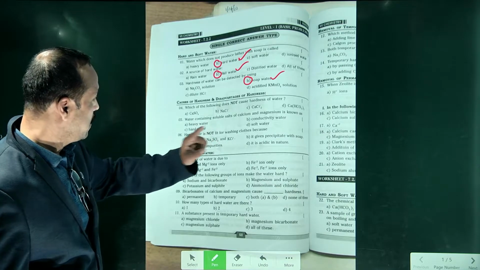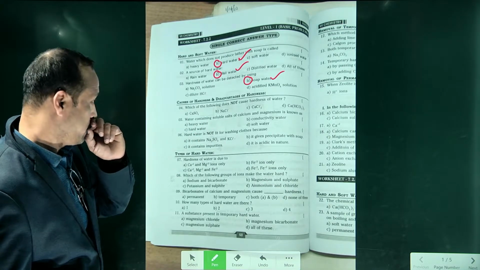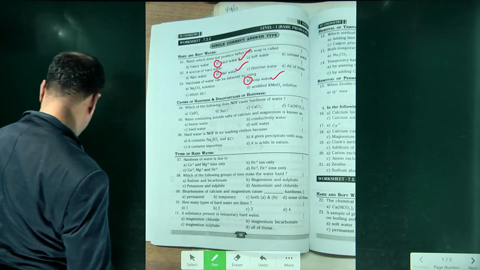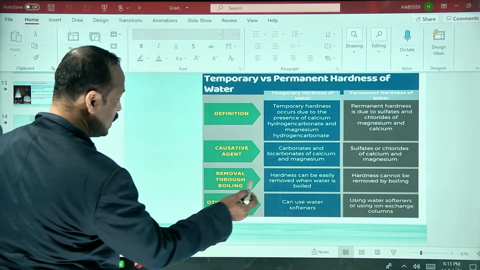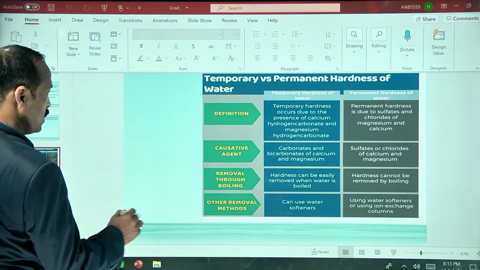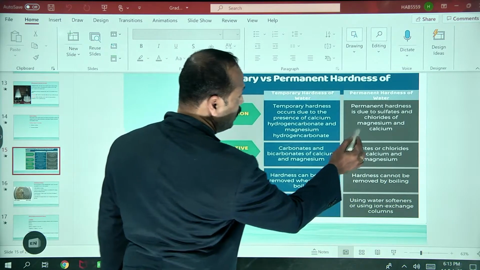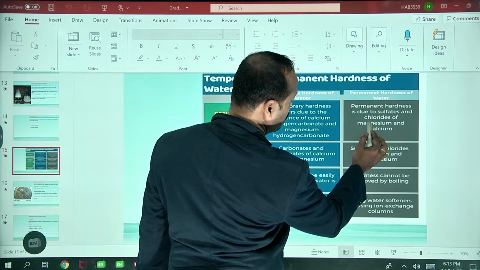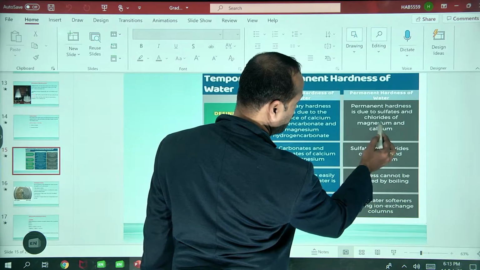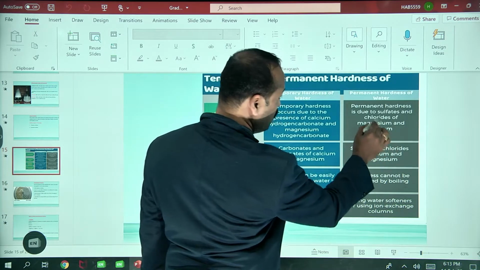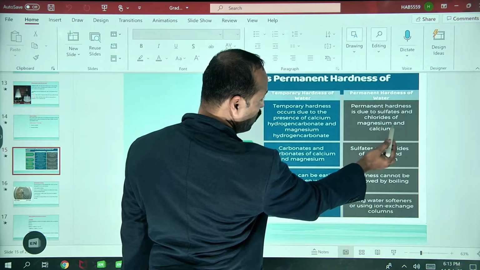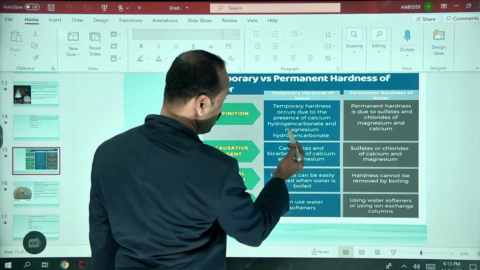Sir, option C, sir. Again, you are making a mistake. See, you are not seeing. Here, what is option C? Here you see, chlorides. Is there not calcium and magnesium chloride? Is there not chlorides here, and sulfates? So these cause the permanent hardness of water.